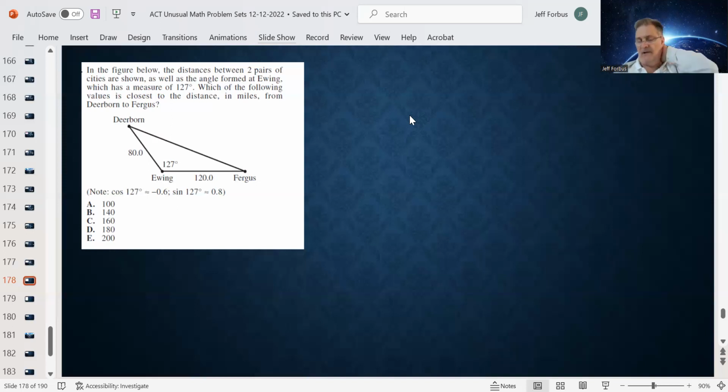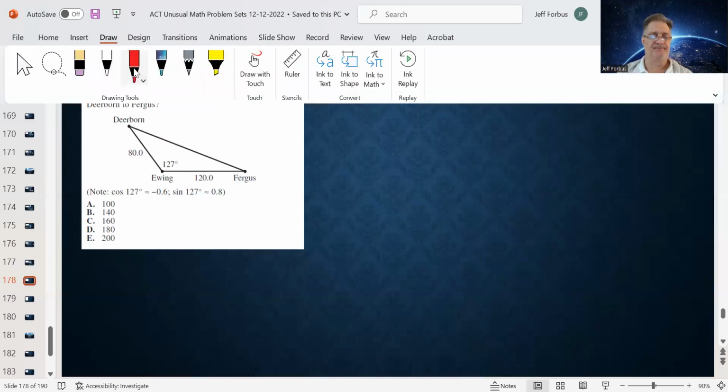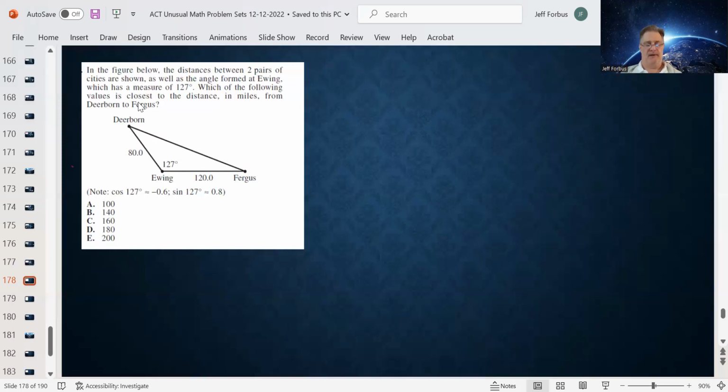Okay, so we got a large angle in here. So what I'm going to do is write on the figure. Let me change my pen tip to red. I'm going to label Ewing capital C, Dearborn A, and Fergus capital B. That means the corresponding sides will be the lowercase letters.